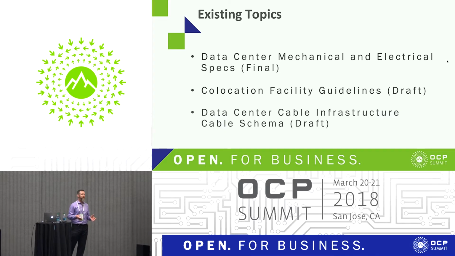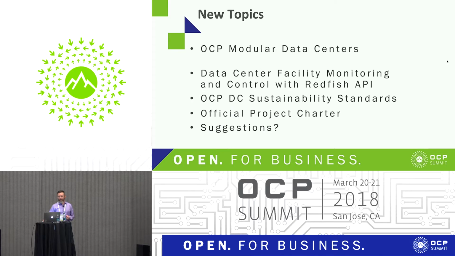That's in draft status right now, but we're looking to finalize it with version 1 by the end of Q2. And then Mike was just talking about the data center cabling infrastructure schema, and we're going to go ahead and finalize that.